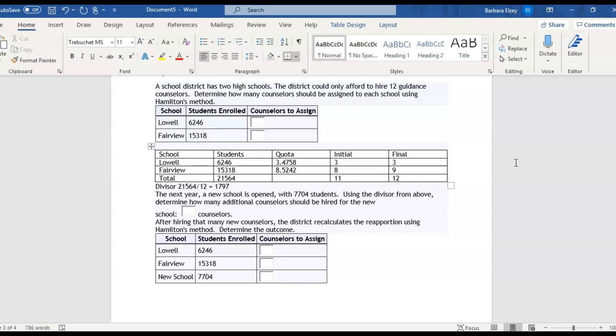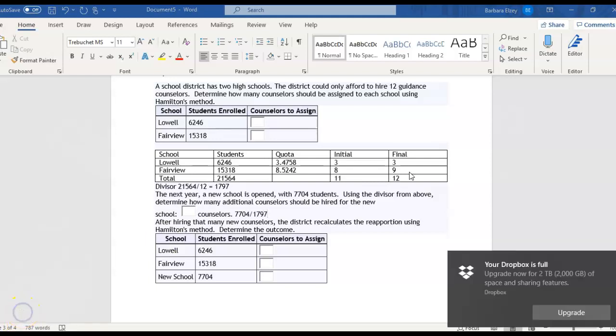So let's take our 7704 and divide it by 1797. So we're going to take 7704 divided by 1797. And that gives 4.2871. So we're going to say we need 4 new counselors.